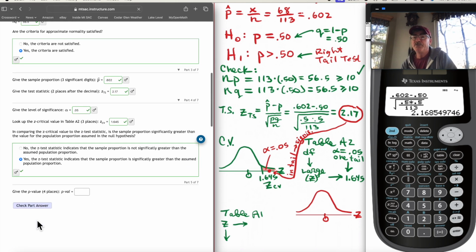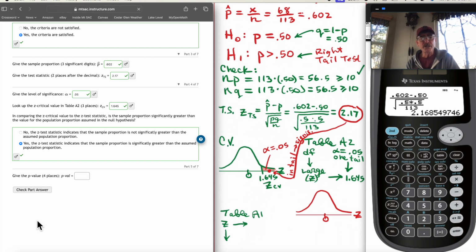Okay, and now the p-value. For the p-value, we're trying to find the area to the right of 2.17. So you go to the little normal distribution again, put down the test statistic 2.17. That's the Z test statistic.